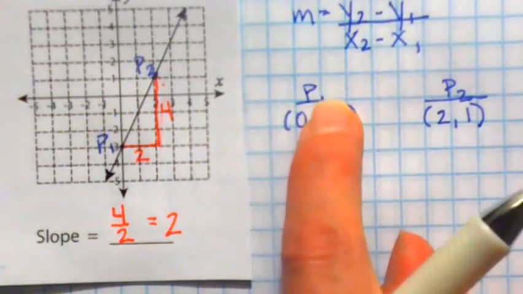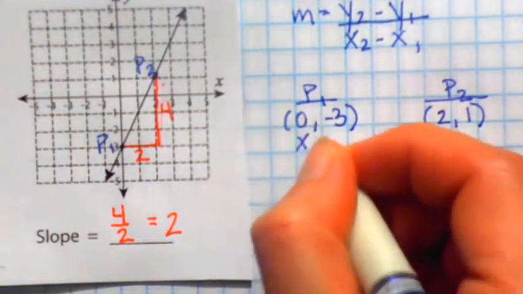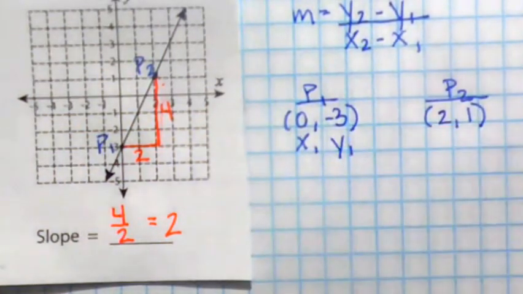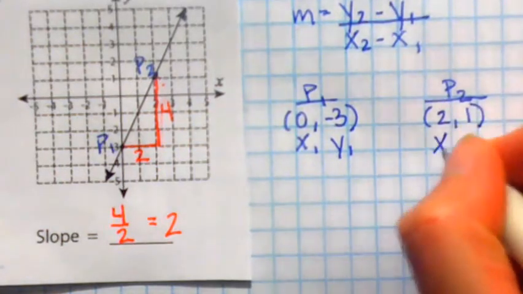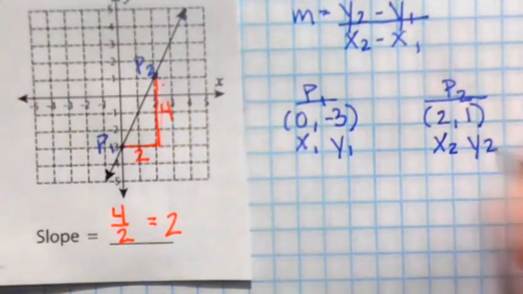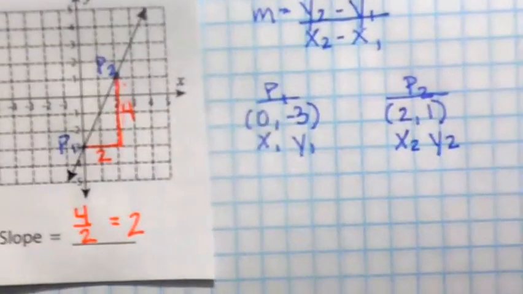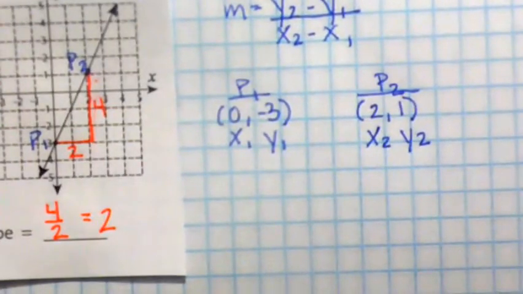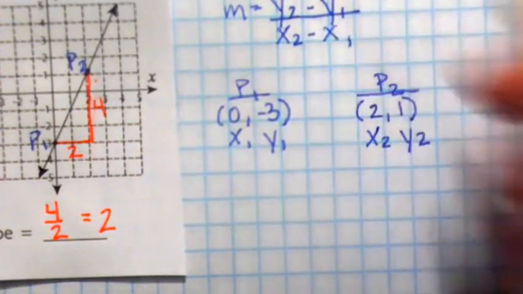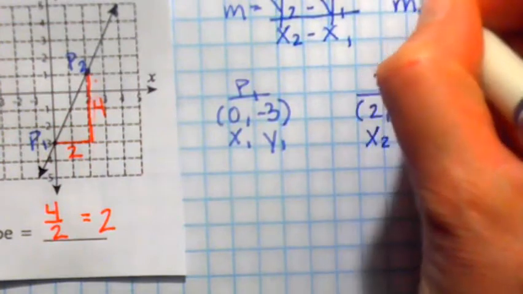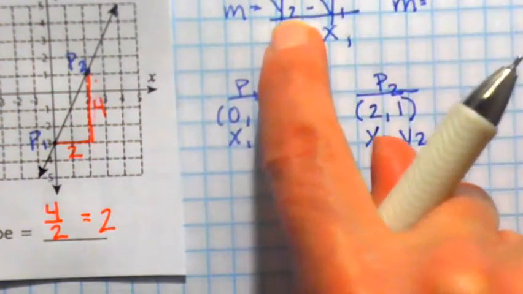Since this is point 1, this is my x1, y1. And since this is point 2, I can call this x2, y2. All right, now I'm going to take those points that I identified and plug them into the formula. So my slope is equal to y2.